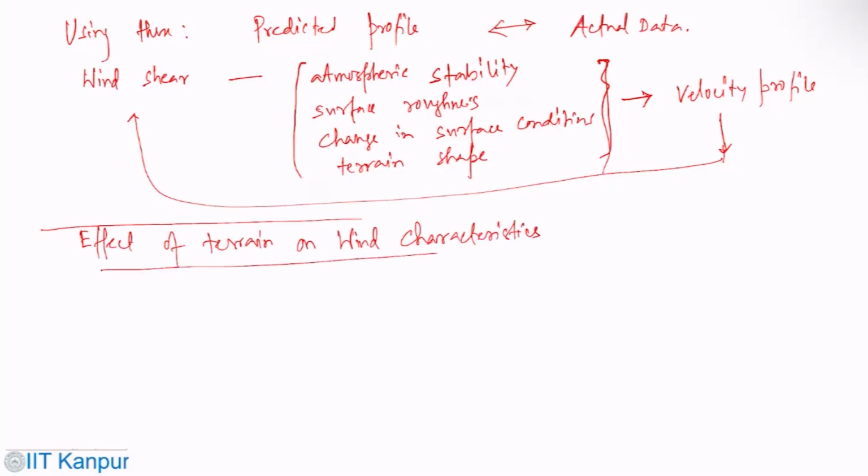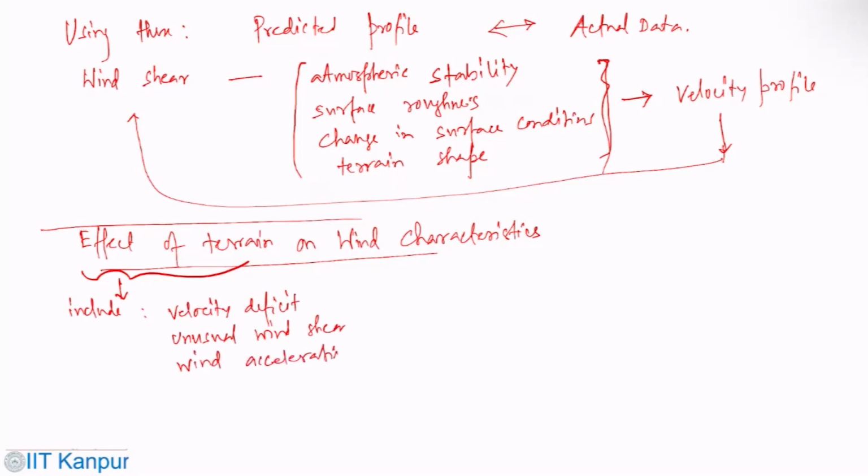So the terrain effect would include, so this effect would include velocity deficit, unusual wind shear, and also you can have wind acceleration. So the terrain can impact in that fashion.